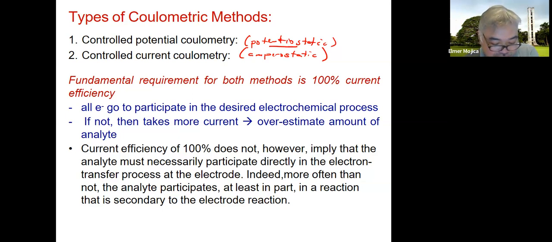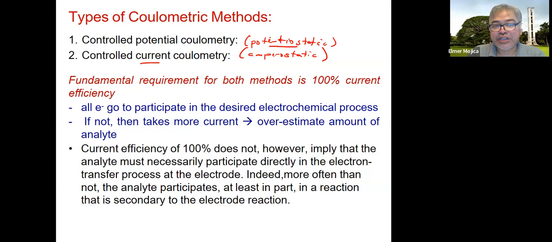So in this method, usually the current is initially high but decreases rapidly and approaches zero as the analyte is removed from the solution. And the quantity of charge required is usually measured with an integrator. Now for controlled current coulometry, the one that is controlled is of course the current. So you use a constant current which passes through a cell until an indicator signals the completion of the analytical reaction.